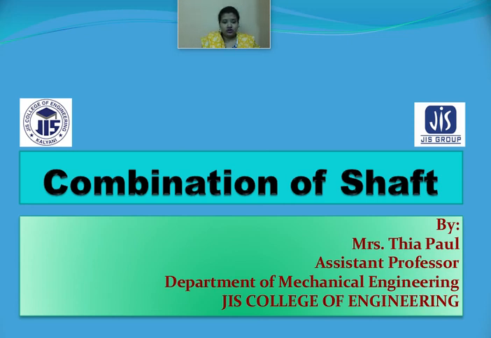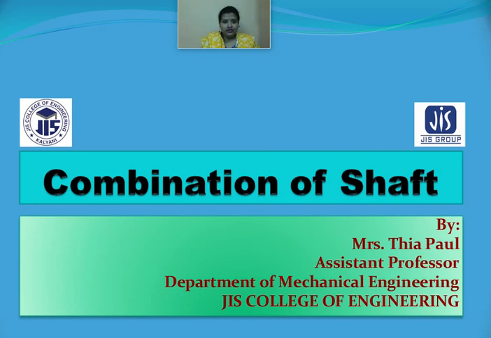Then I talked about the design of the shaft on the basis of strength criteria and stiffness criteria. Also, I described the torsional stiffness, torsional rigidity, and torsional flexibility. So everything I have discussed in the previous lecture.